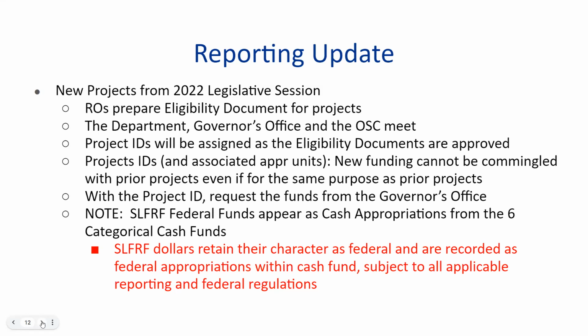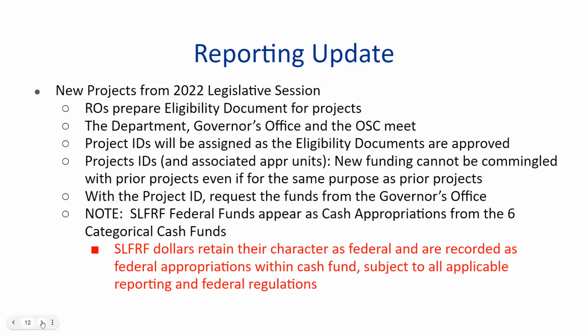They're going to submit that, and the department, the governor's office, and the OSC will meet and go over that document and determine what the expenditure category should be. That's one of the primary things that drives the setup of the budget and the appropriations. Once the approval of that eligibility document by those parties is finished, the reporting team will assign a project ID. And then once that project ID is assigned, we'll communicate that to the departments.